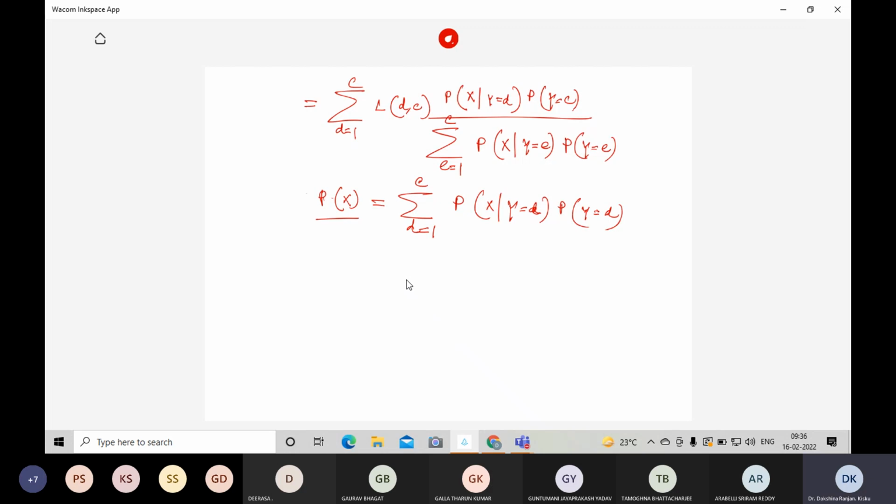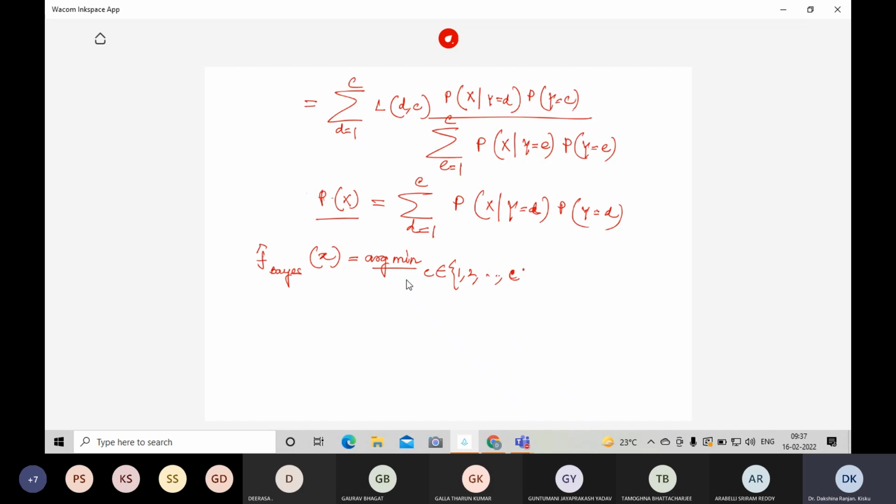Now once we estimate the risk of the Bayes classifier, we need to minimize the risk function. So we can write f cap of x equals to, here small c belongs to 1 to capital C, the number of classes.